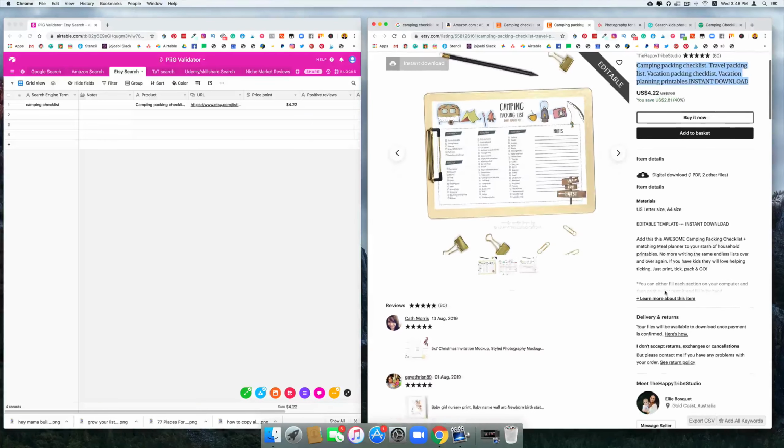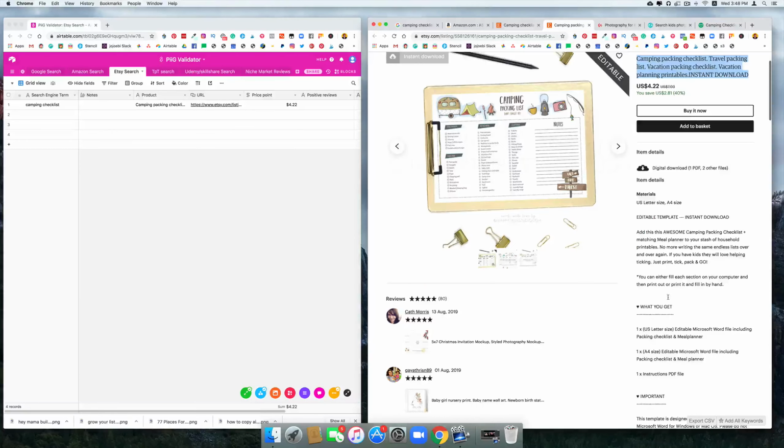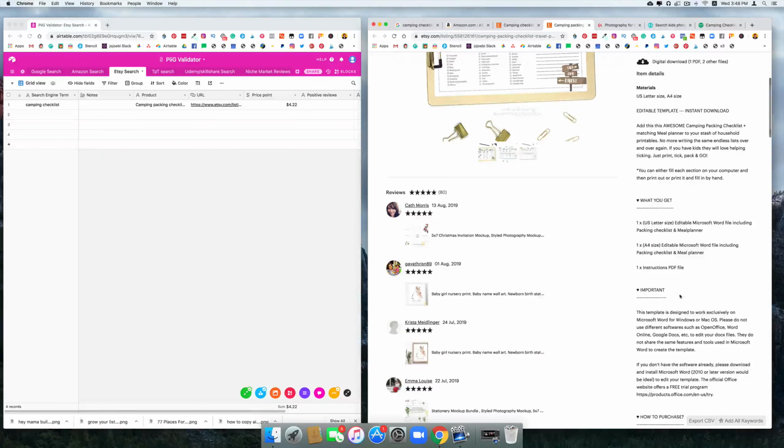What else does it say? What can we learn? Okay, you can fill it in either by computer or print it out and fill it by hand. That's good to know. And you get 3 different files. So we'll copy that.